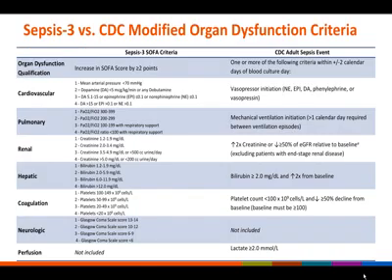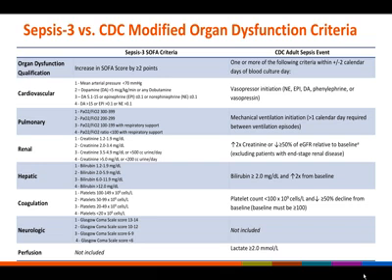This table compares the Sepsis 3 and the CDC modified organ dysfunction criteria. I won't go into all the details at this time because this is available in several places which we'll describe later, but basically each organ dysfunction criterion that we used in the CDC Adult Sepsis Event is a simplified version of what is found in the Sepsis 3 SOFA criteria.